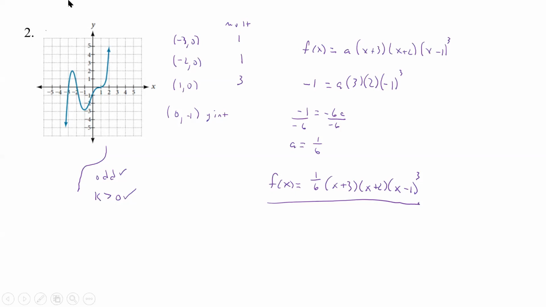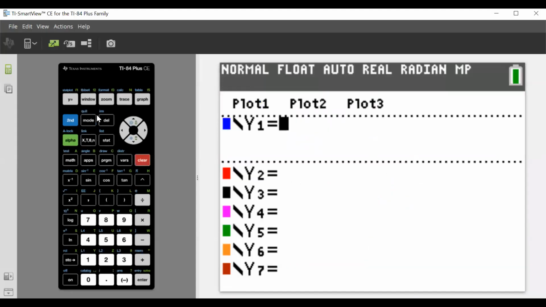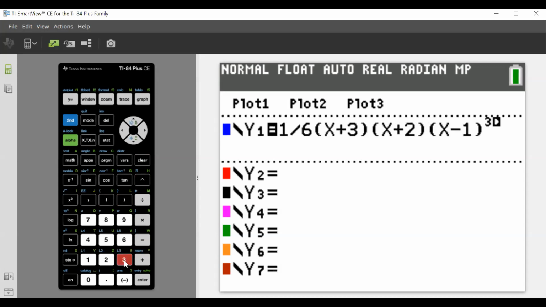All right, let's go to our calculator. Let's go to the Y=, let's clear that. Let's see if what we came up with will actually work. So we had 1 divided by 6 times (x plus 3)(x plus 2)(x minus 1) to the third.